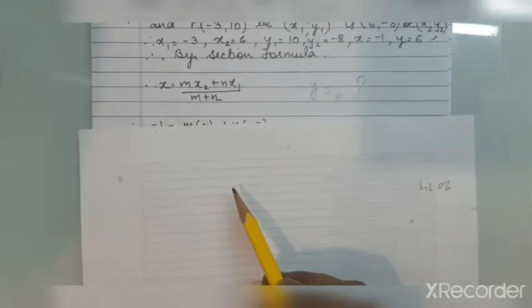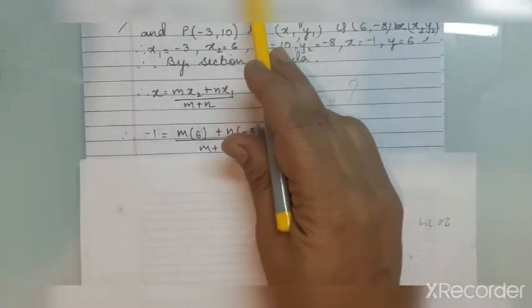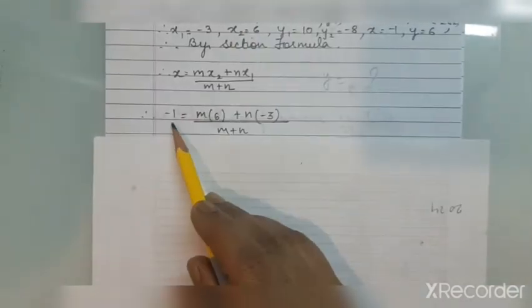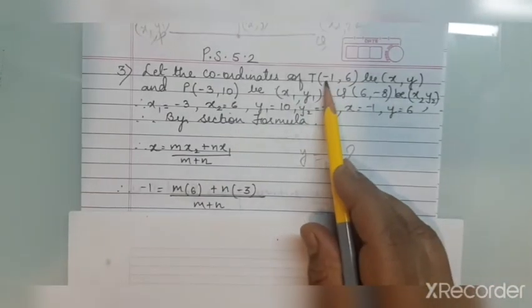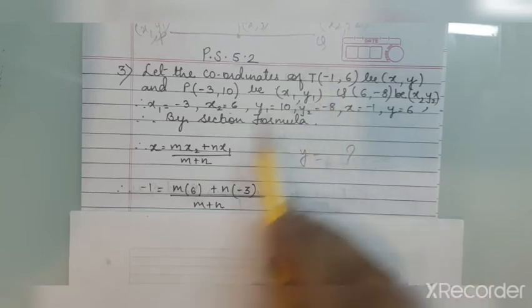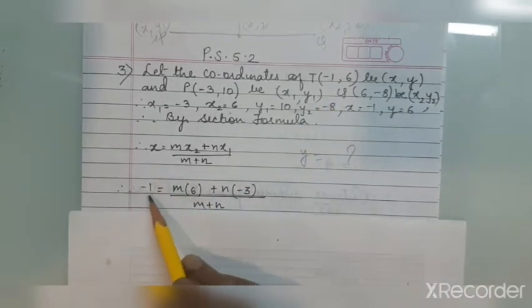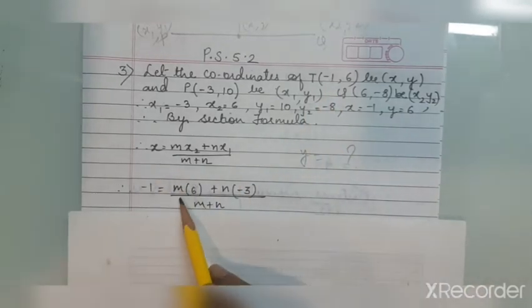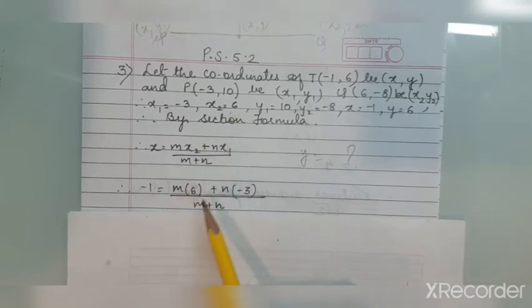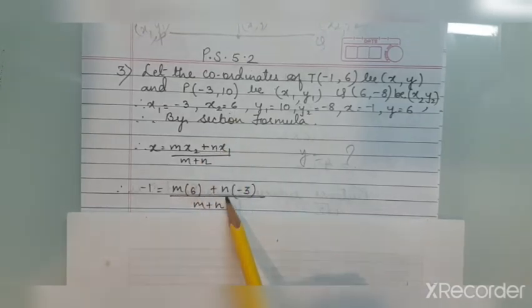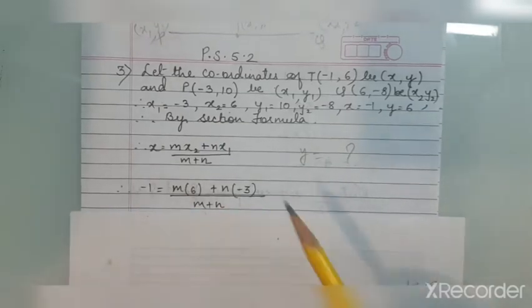Now what is X? Point T. So that is -1. You can see here -1 is X. So X equal to -1 equals m, which we don't know, X2 is 6, plus n, which we don't know, and X1 is -3, upon m plus n, which we don't know. We have written it as it is.